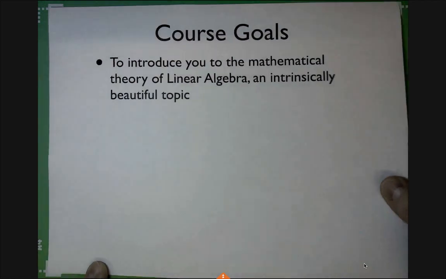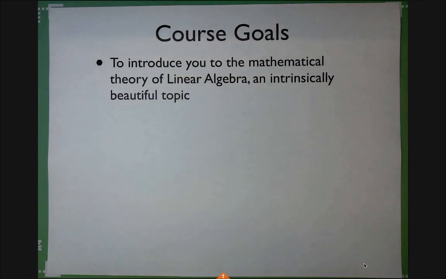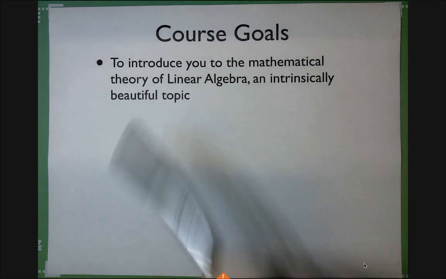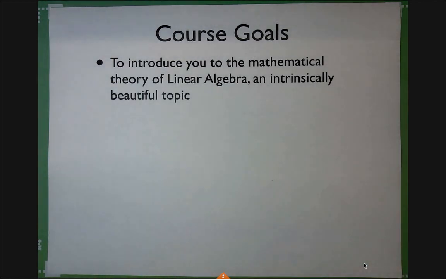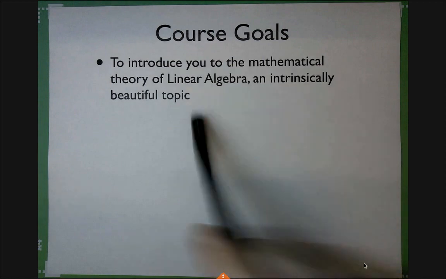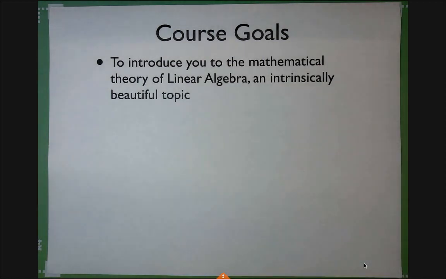So let's do the high-level course goal. It's all about linear algebra, and there are some other courses about linear algebra which you can take here too. Some are from the math department. And there are different ways you can approach linear algebra. In this course, we are approaching it from the very applied point of view.